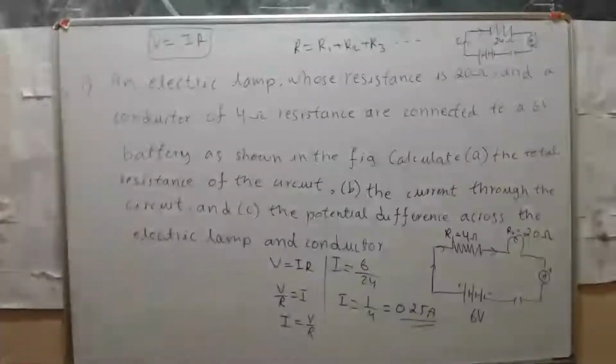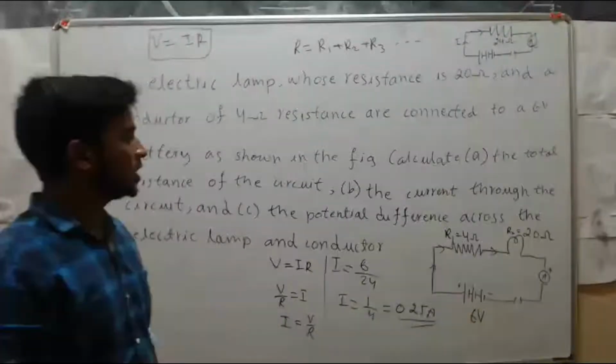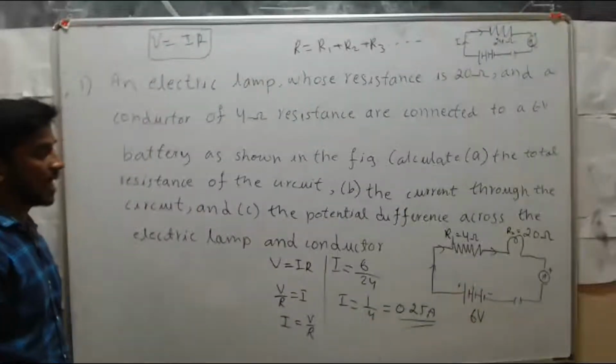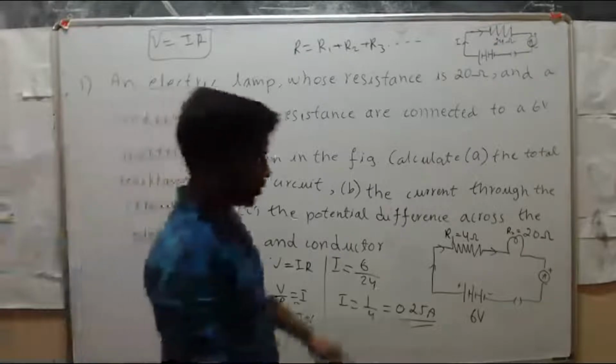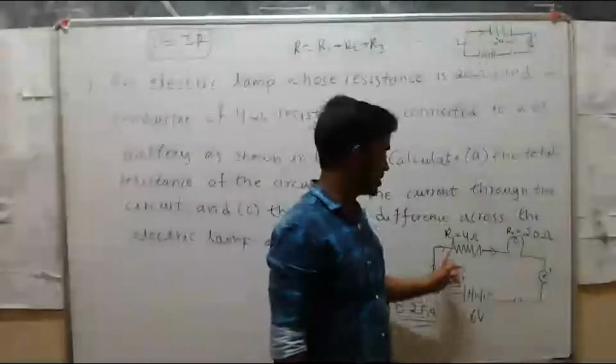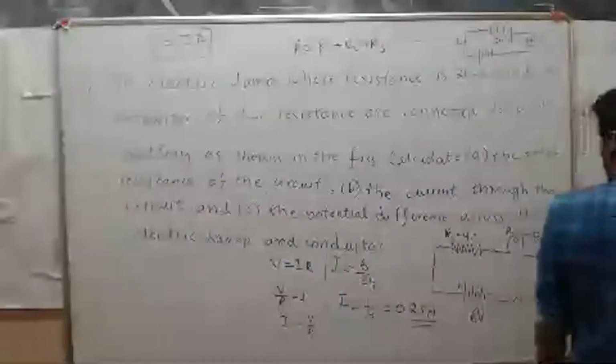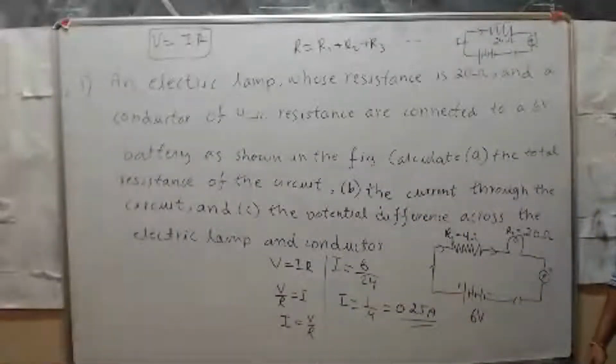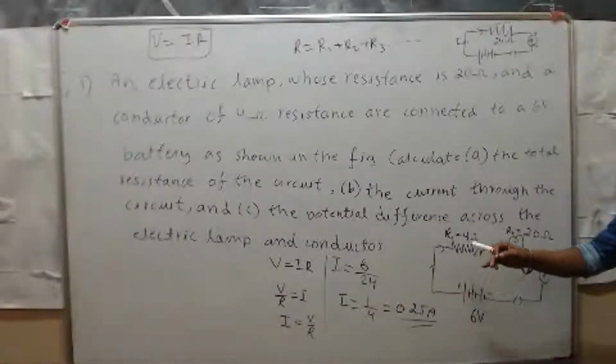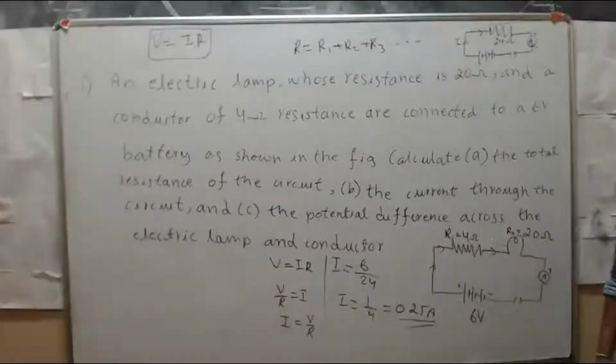Okay. Third one, the potential difference across the electric lamp and conductor. See, total potential difference or voltage in the circuit is 6 volt, but we need voltage across the electric lamp and conductor. Why? Here the voltage is different, right?